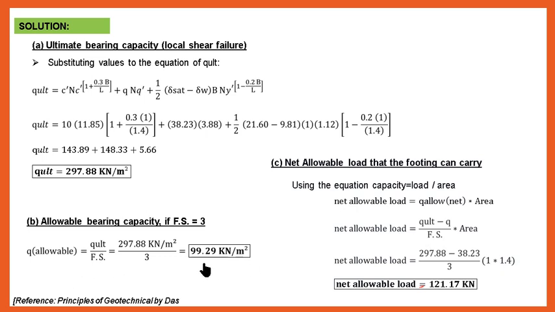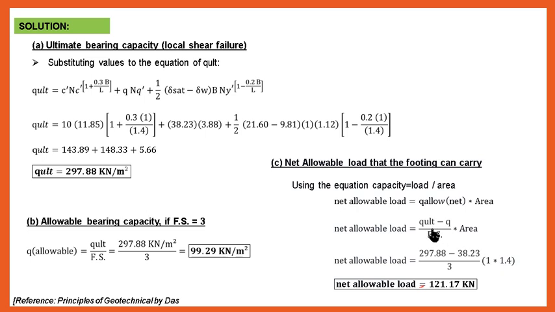This is different, because what we got earlier is the allowable bearing capacity, while what we are looking for here is the net allowable load. So, what we need is the net allowable bearing capacity. Okay? So, our net is Q ultimate minus Q over Fs times area.